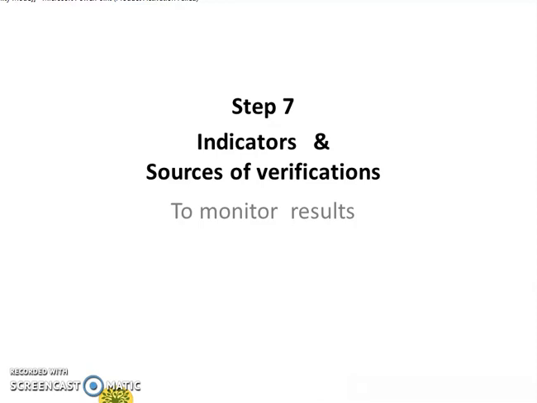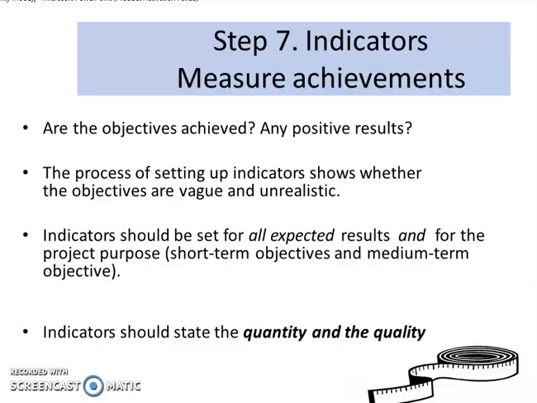And then how those indicators will be verified should be there, to monitor the results. So the indicators measure achievement simply. Are the objectives achieved? Or is there any positive result? To answer this, we should have some measures, indicators.